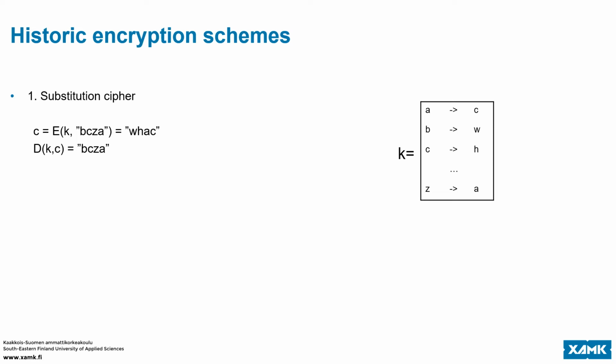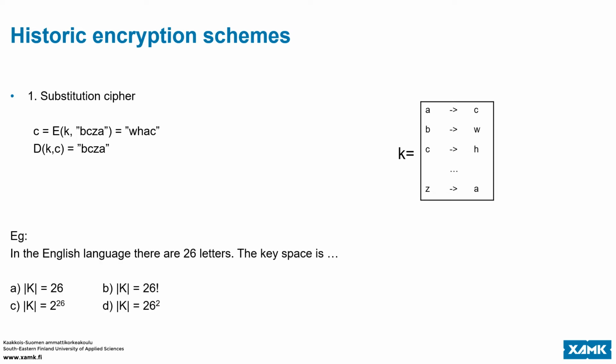For example, if we use this sort of substitution cipher, we would formalize this as a formula like shown here on the left. The encryption for this particular message uses the key mapping k and a custom message. So the encryption formula would have these as the parameters for the transformation. The decryption formula would work similarly, again using this same key mapping. Now this is a very simple cipher system for one reason: there are 26 letters in the English language.